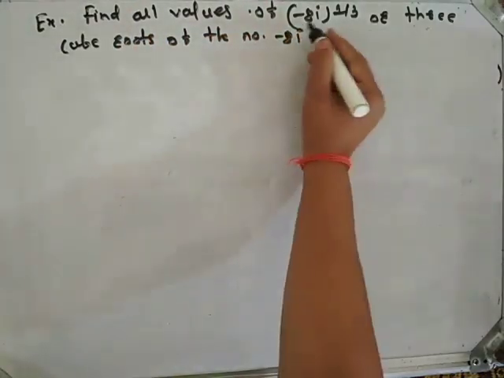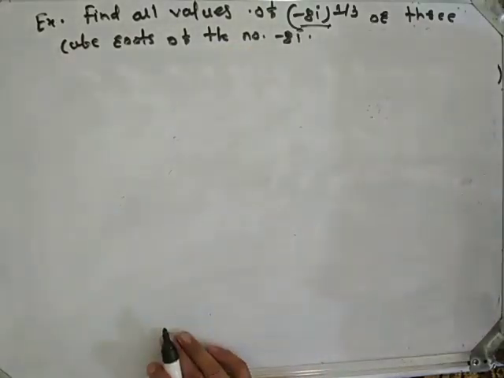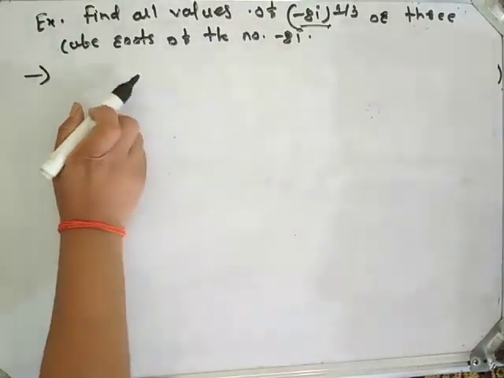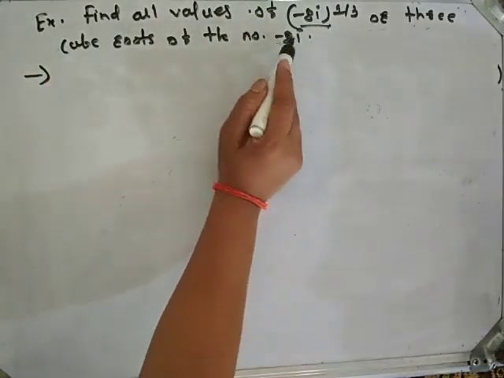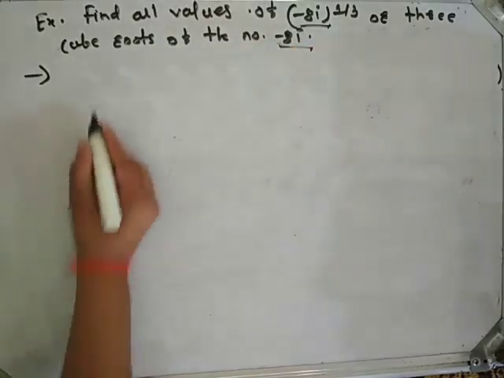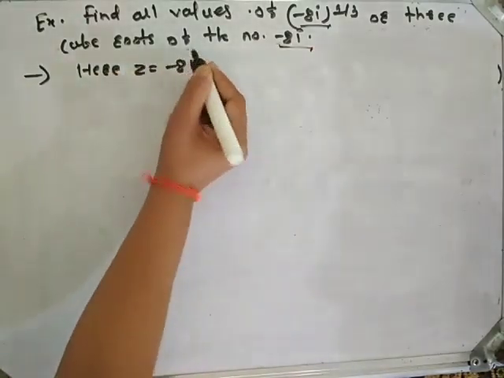Students, see here, minus 8i is in rectangular form. First of all, we have to write it in exponential form. Here z is nothing but minus 8i.